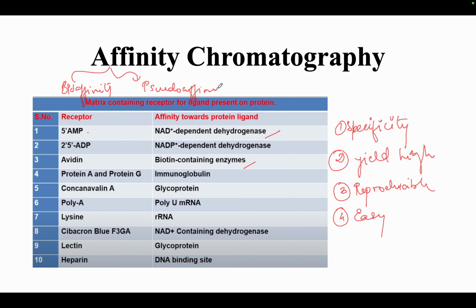In the bioaffinity, we use biological molecules like enzyme substrate, immunoglobulins IgG, and antigen antibody interactions. Whereas in pseudo affinity we use metal ions and different dyes to separate.